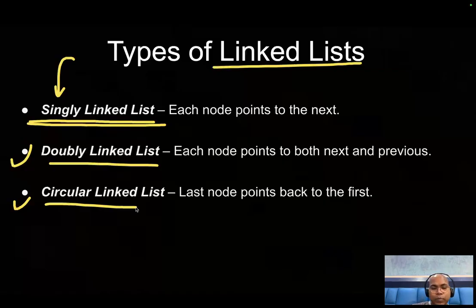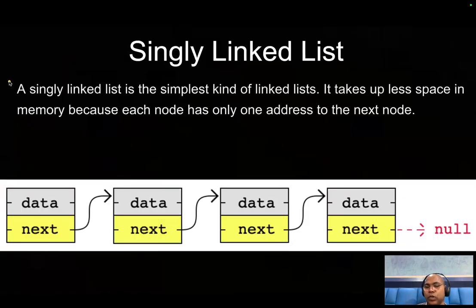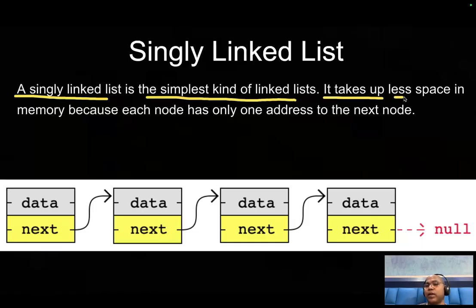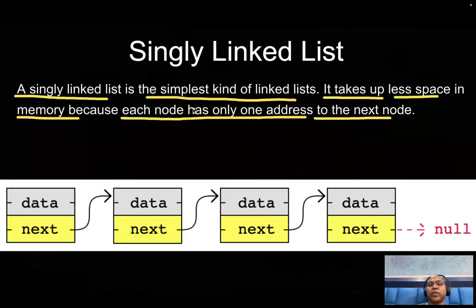Till now, whatever we studied is known as a singly linked list. By definition, a singly linked list is the simplest kind of linked list. It takes up less space and memory because each node has only one address pointer, the next pointer. A singly linked node has only data and one next pointer, and they are linked to the next.